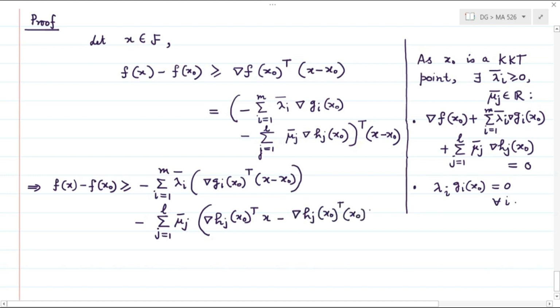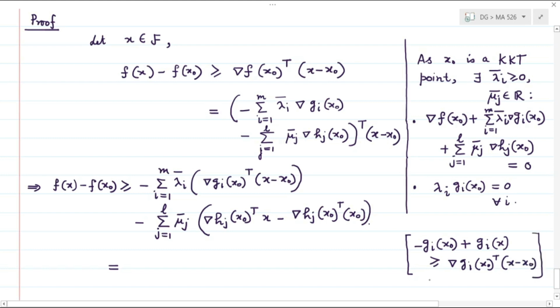Fine. Now we note that as the functions g_i are also convex, what you have is g_i(x) minus g_i(x naught), evidently, is greater than or equal to grad g_i(x naught) transpose (x minus x naught), because the g_i's are all convex, and this is for every i.